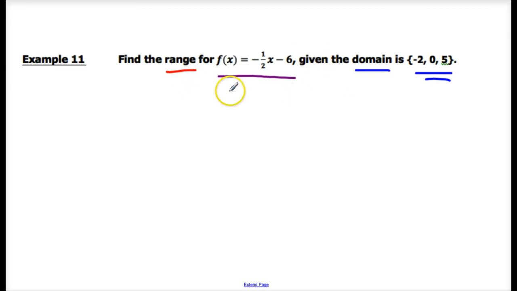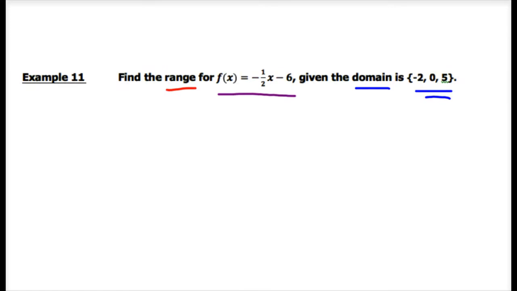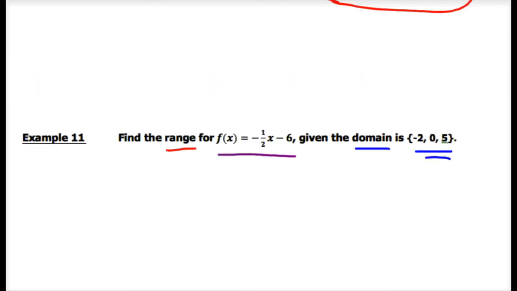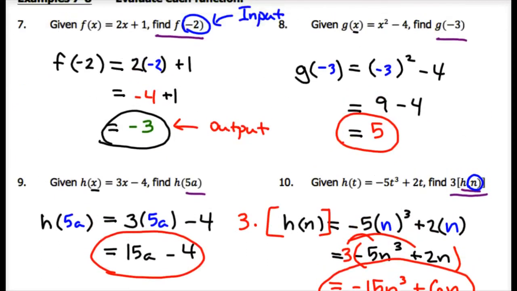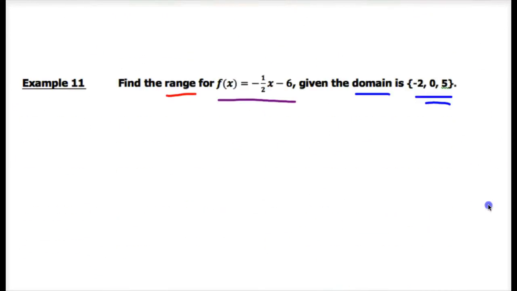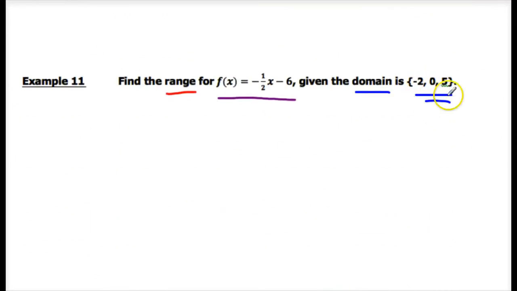So basically I'm doing what I did up here in examples 7 and 8, 3 separate times. I'm going to plug in each of those input values just like I did in 7 and 8. I'm going to plug in -2, 0, and 5 3 separate times, and so I'm going to get 3 separate outputs. So I'm going to find f of my first input, which is -2. Then I'm going to find f of my second input, which is 0.